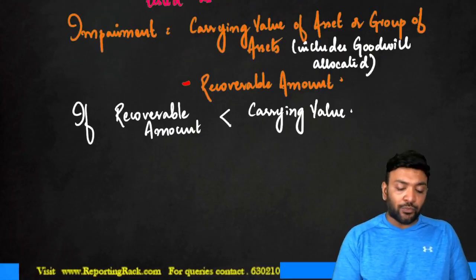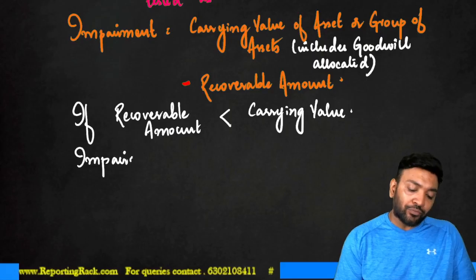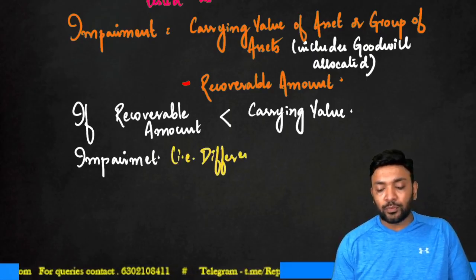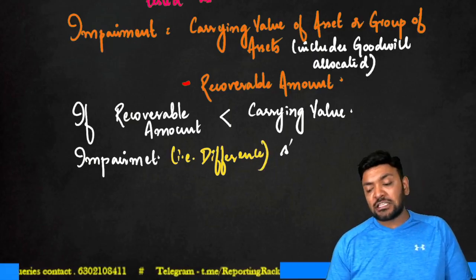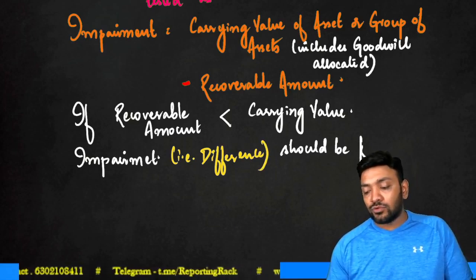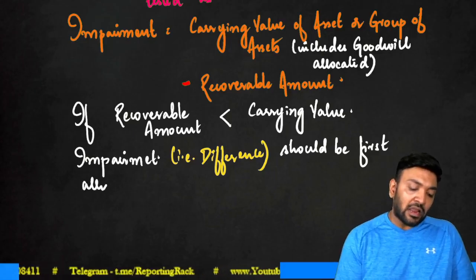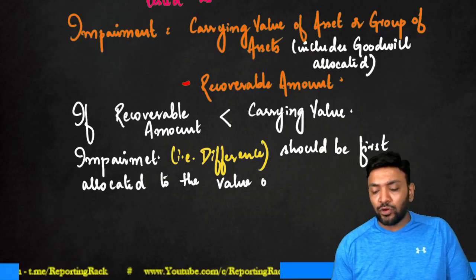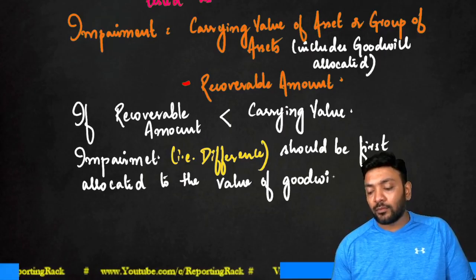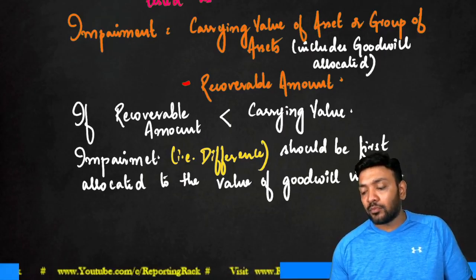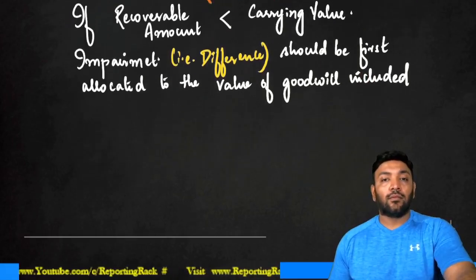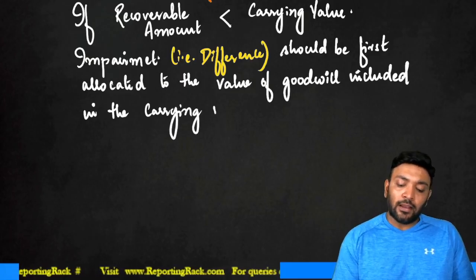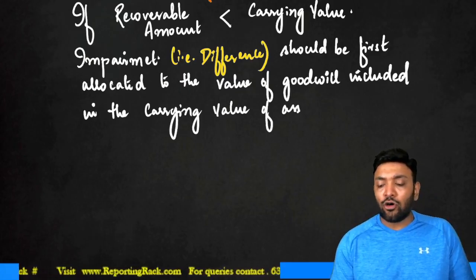If your recoverable amount is less than carrying value, then impairment here is nothing but the difference between both of them, recoverable amount and carrying value, and it should be first allocated to the amount of goodwill included in the carrying value of asset or group of assets.